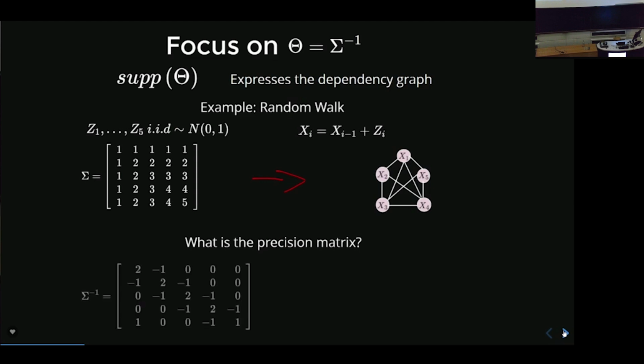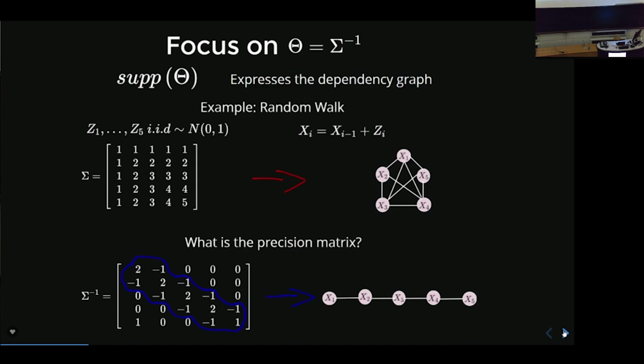Perfect. It would be a 3-diagonal matrix that is very sparse because that is a random walk. So that would be this property of each variable depending only on the previous one. There's no other memory. And the graph of conditional independencies is very different from the previous one.